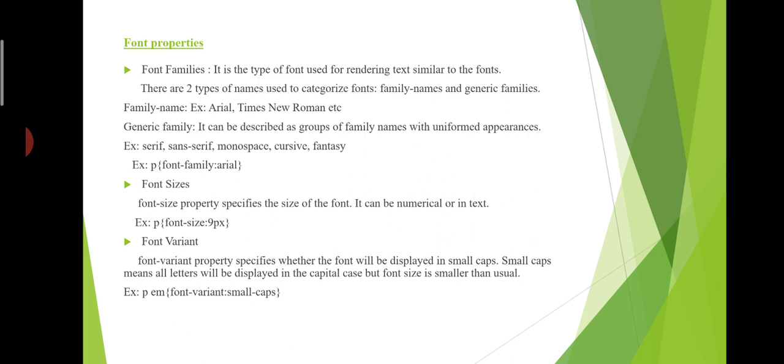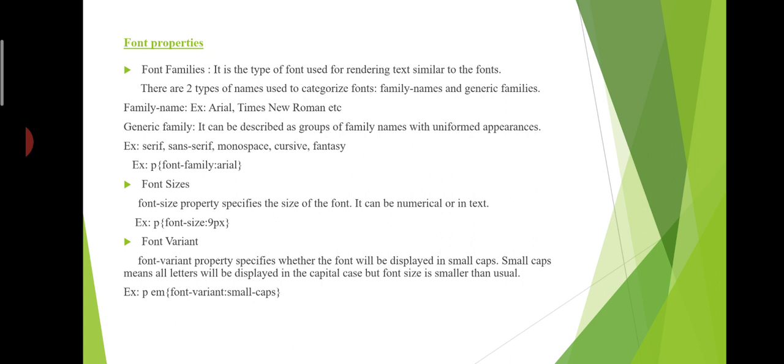This is the name of the property. Next, a colon. Next, the value for the font size will be represented either as a numerical value or as a text value. According to this example, I have given 9 pixels.